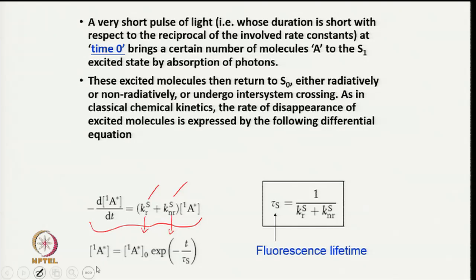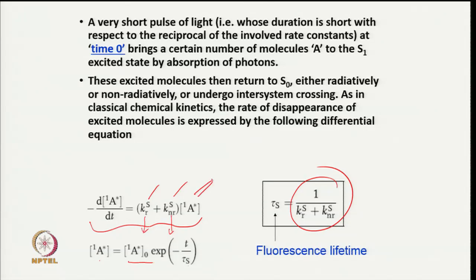From that what you will get is A star, which is basically the F star I was discussing earlier, where A is the fluorophore and star means excited state. So, A in the excited state at a given time will be given by A star naught into exponential minus t divided by tau s, where tau s is simply the inverse of this rate constant.